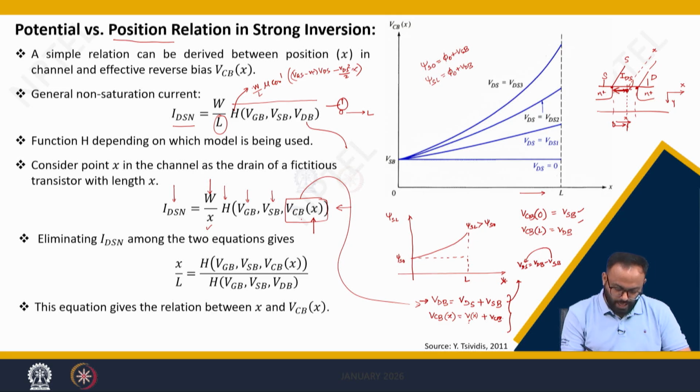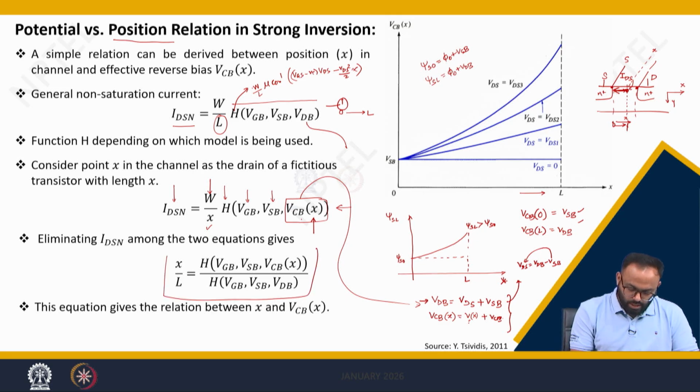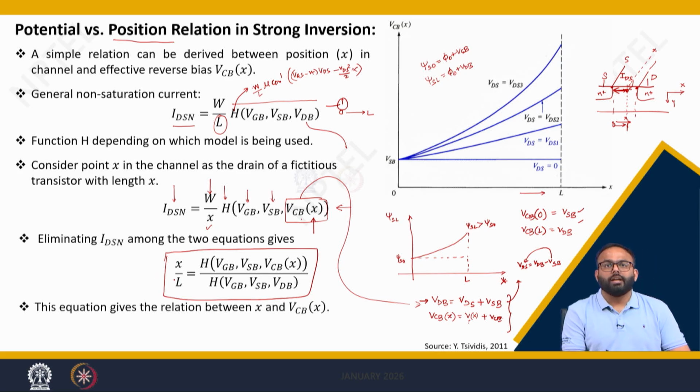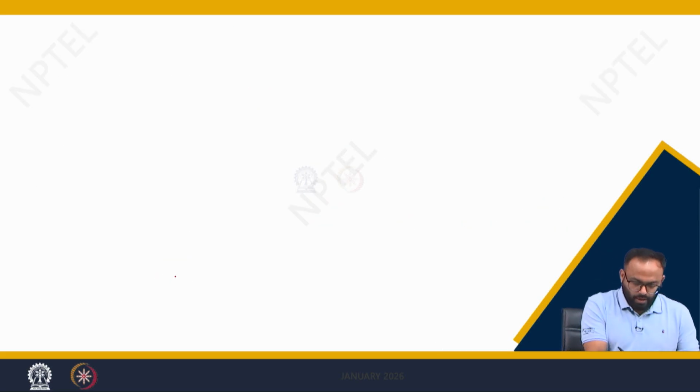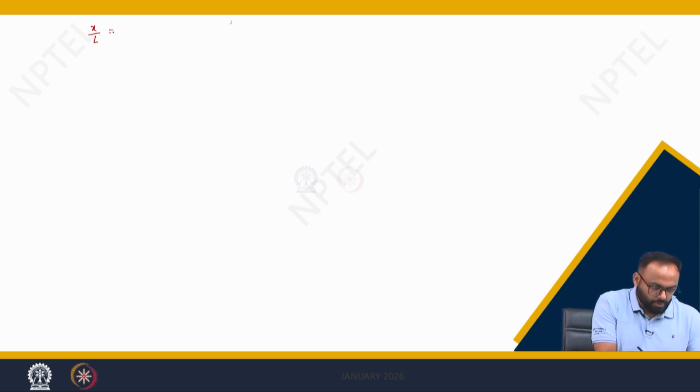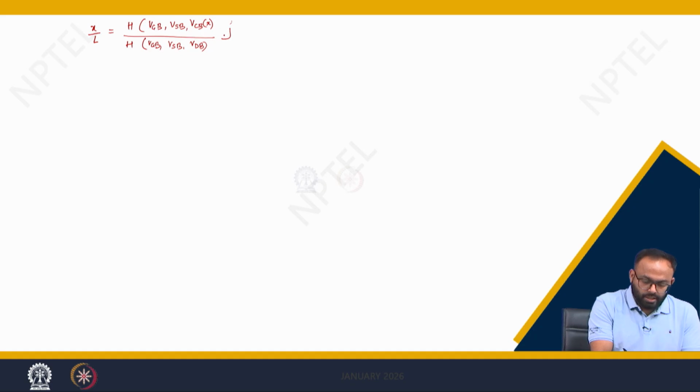So let us do some calculation to find out the relation between X and VCBX. So what we have found here is X by L is equal to some function of VGB, VSB and VCBX divided by the function of VGB, VSB and VDB. Here I am using the function which we have derived with respect to source.